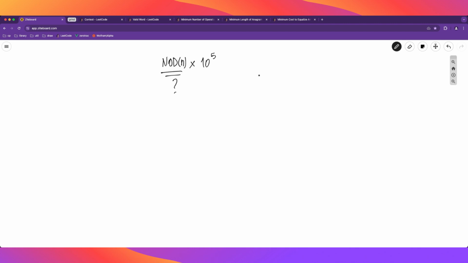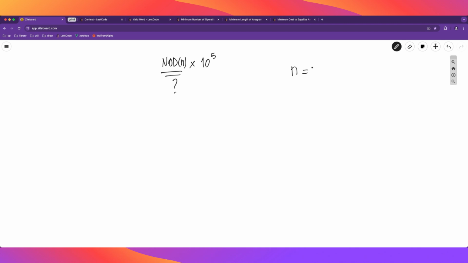Well, if you remember how we find the divisors of a number, you might remember that you can go up to the square root of the number, because if you think about it, if you are considering the divisors of n, right?